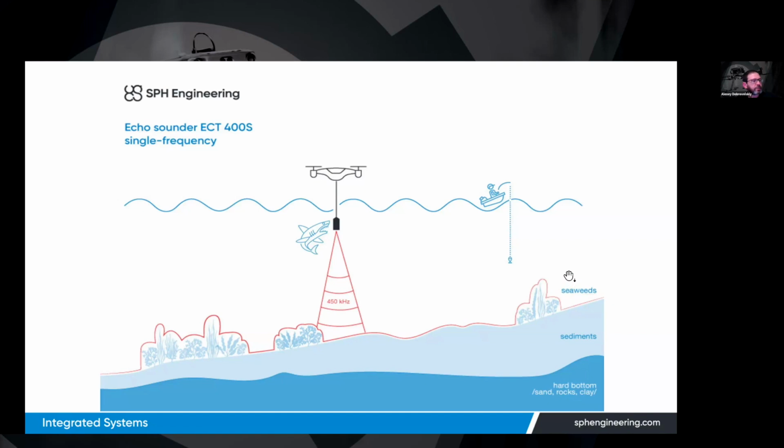As I promised, the difference between Echer sounders, or what Echer sounders can be used for. First model, single frequency echo sounder with sound frequency 450 kilohertz, will measure the distance till the first sound reflector.